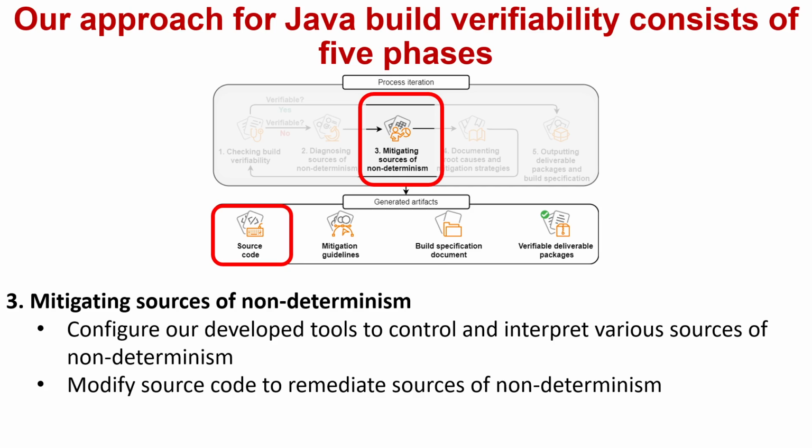By default, the build tools write non-deterministic metadata such as timestamps into various build artifacts. To control these sources of non-determinism, we develop a technique called the Java BEP environment that leverages the Java Instrument API to modify the bytecode of build tools dynamically.